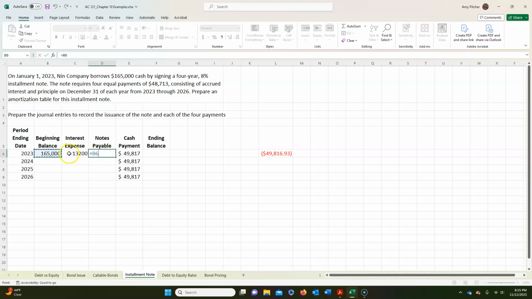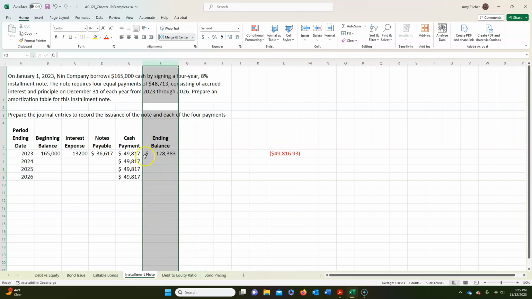The amount that we paid on the principal is the payment minus the interest expense. So our ending balance is $165,000 minus the note payable.